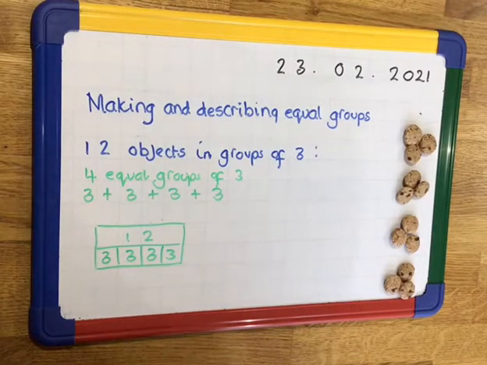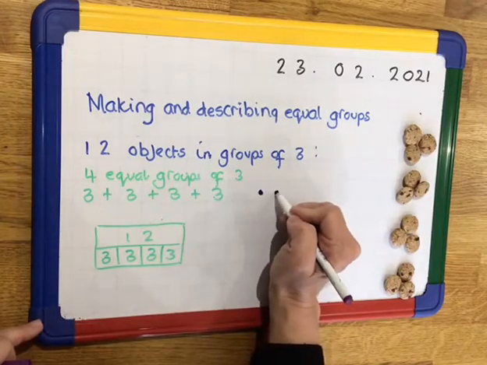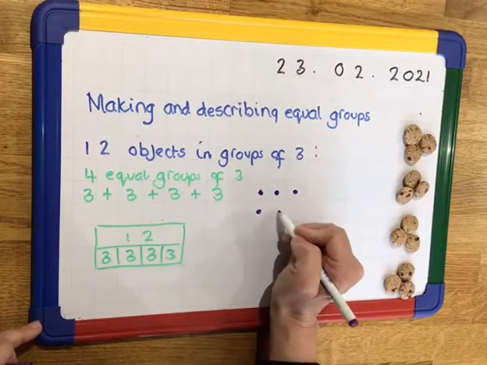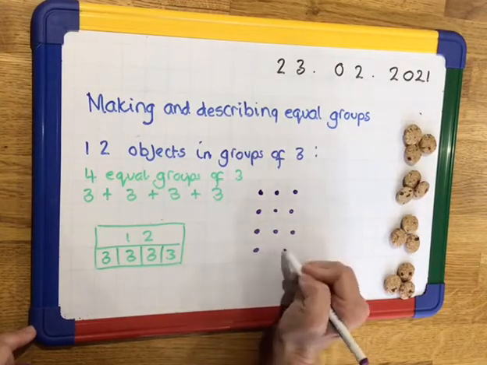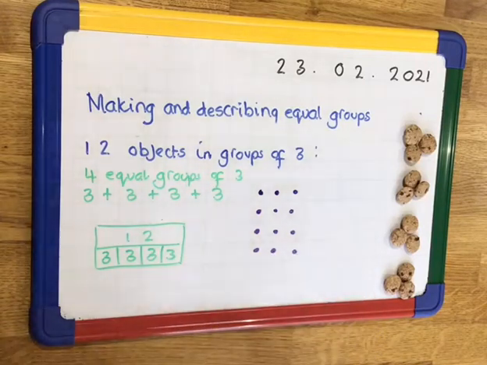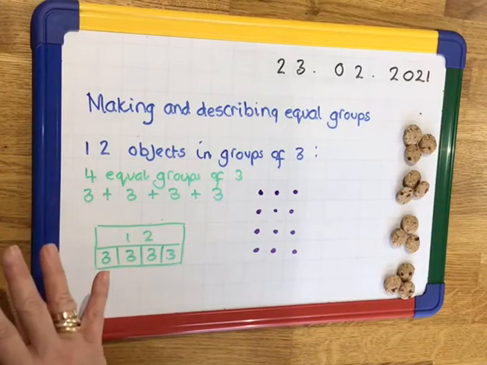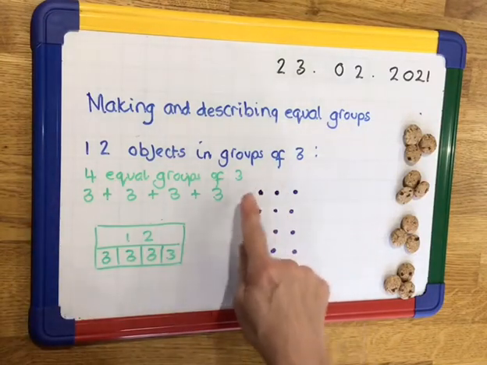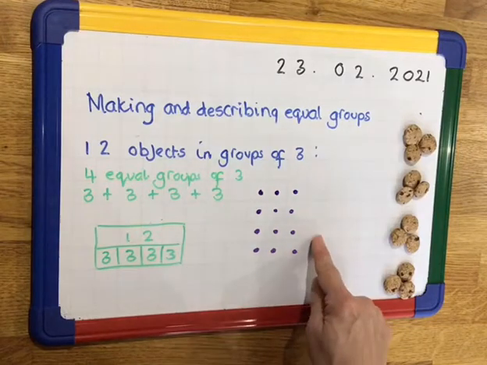I could have 4 rows of 3. So here's my first row of 3, and my next row of 3, and my next row of 3, and my next row of 3. So now I have described my 12 objects split into groups of 3 as 4 equal groups of 3, a repeated addition, a bar model, and an array.